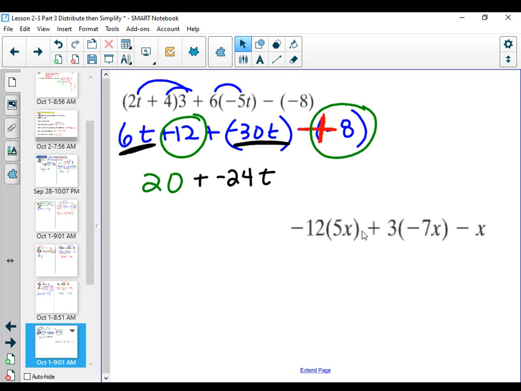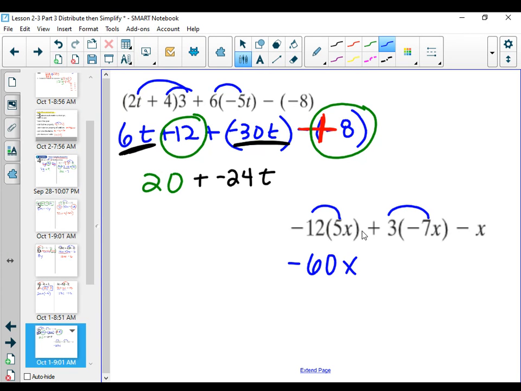Last one here, people. Get rid of the parentheses by distributing. Negative 60x, negative 21x minus x. Oh, wait, that's a 1.